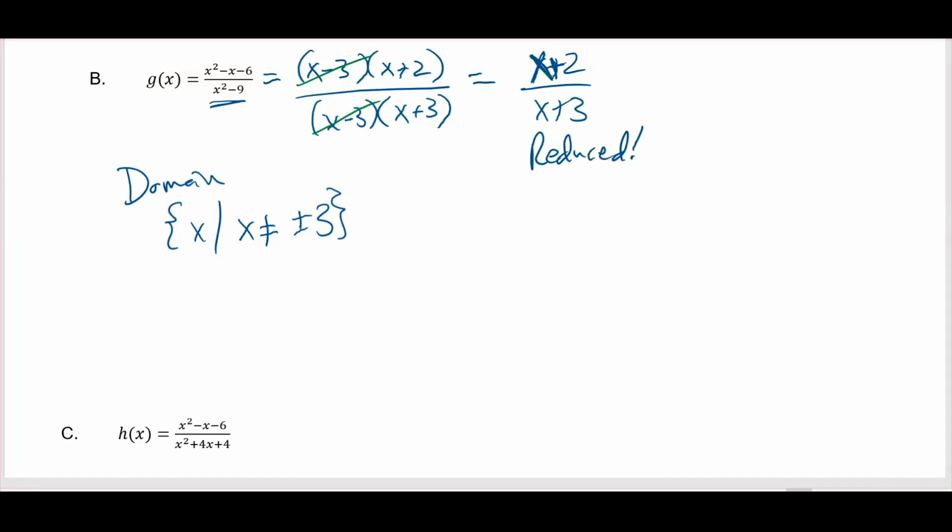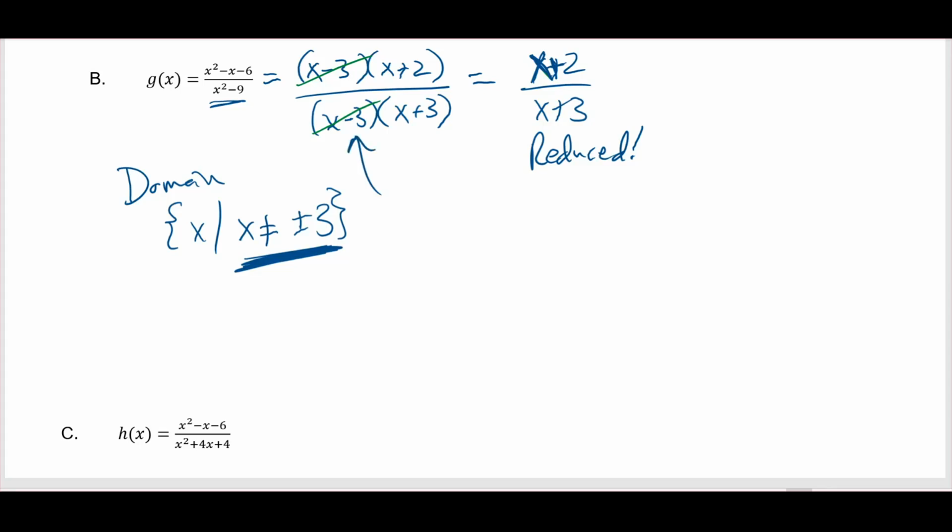All right. So now we need to go and check and see if these domain restrictions still remain. One way we could do that is to plug them in there and see, hey, does it give you 0 or does it not give you 0? Another way to think about this is just the thing we canceled, right? We canceled out the factor that made it so x could not be 3.